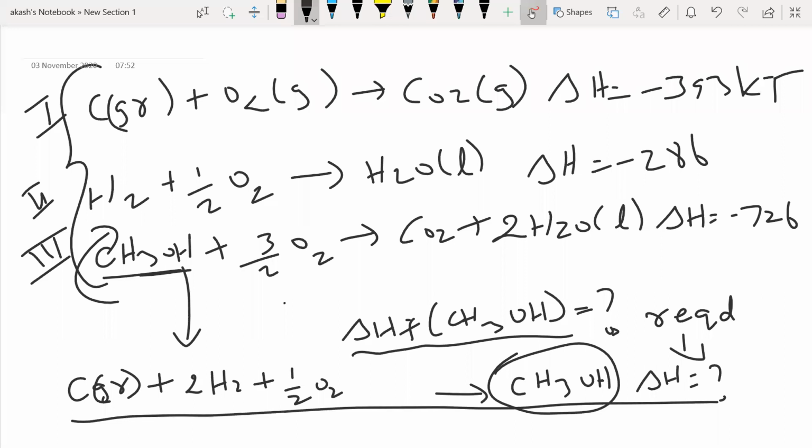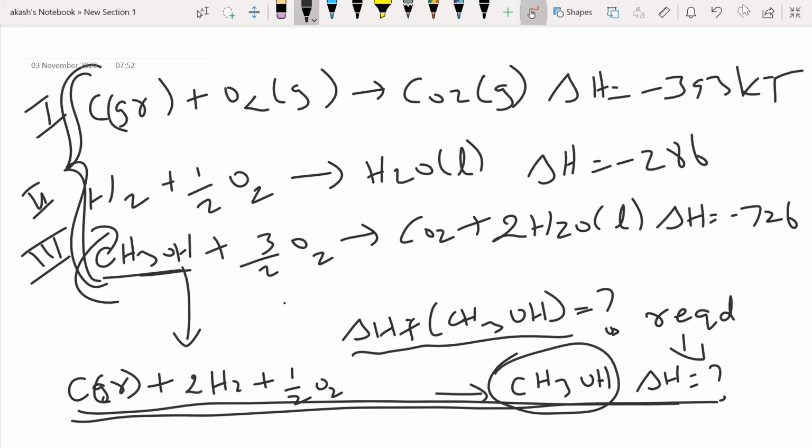The third type is like this: you have a required equation, the equation which I want, and you should get it by addition, subtraction or multiplication of these three given equations.